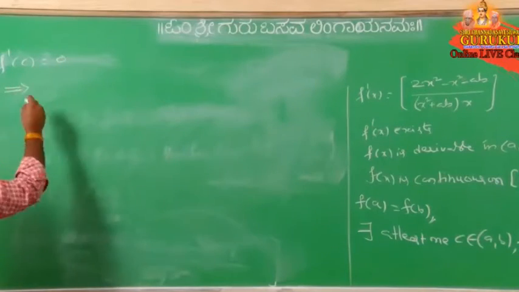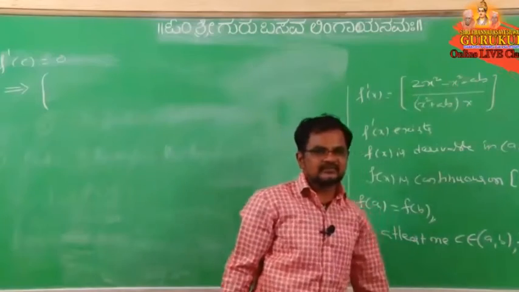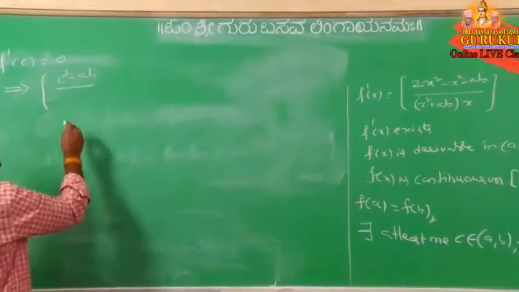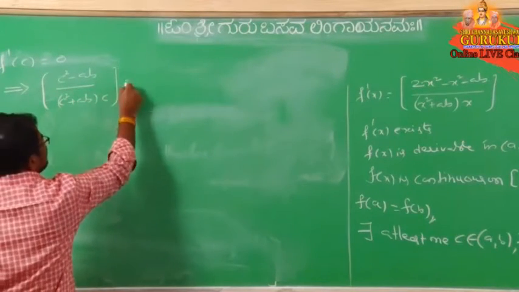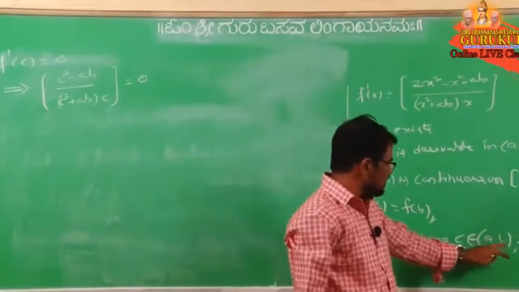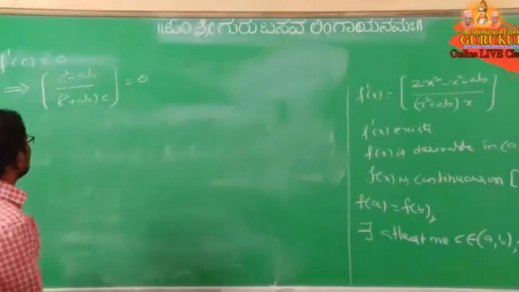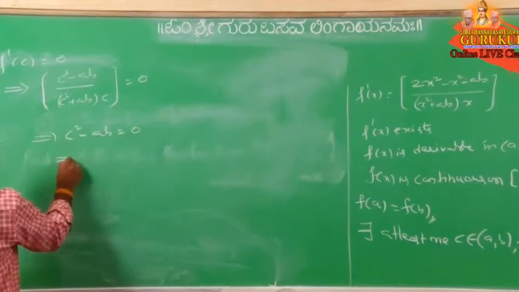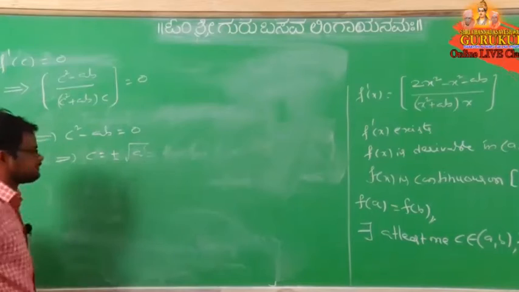That implies (2c square minus c square minus ab) divided by (c square plus ab) into c equal to 0. The denominator is not equal to 0 because c belongs to a comma b and a, b are positive, so there is no chance to get 0. Now that implies c square minus ab equal to 0. That implies c equal to plus or minus root ab.